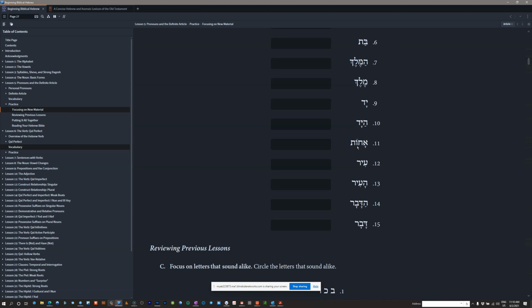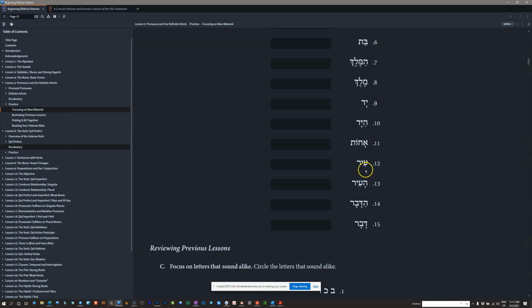In English, we don't use an article for the indefinite plural. We use an adjective, and that adjective is some. So you could say some sisters. That would be indefinite and plural. But you don't need to translate an indefinite plural noun in Hebrew with the English adjective some. That's just an option that may help you come out with a more natural English translation.